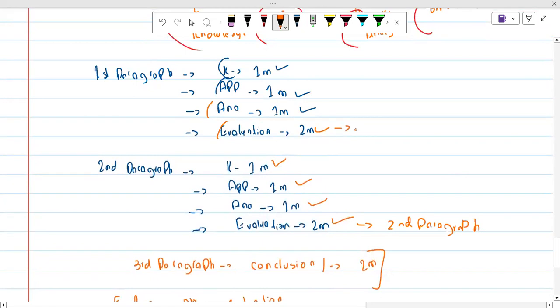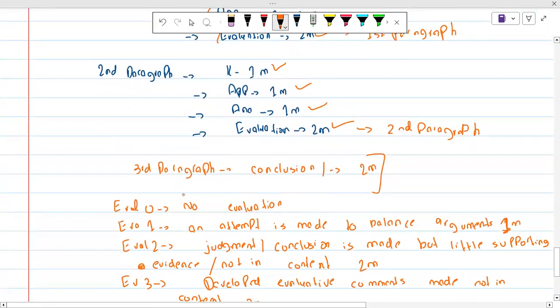In that video, I told many techniques on how to write the evaluation. This is my first paragraph of evaluation. Okay, so if you haven't attempted any evaluation in any paragraph, it means that you have only 0 marks for it.